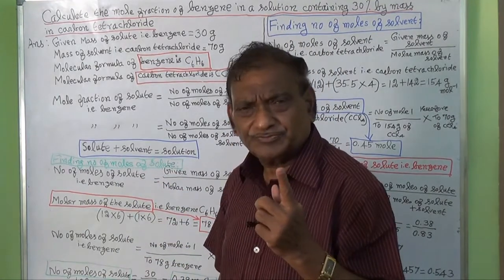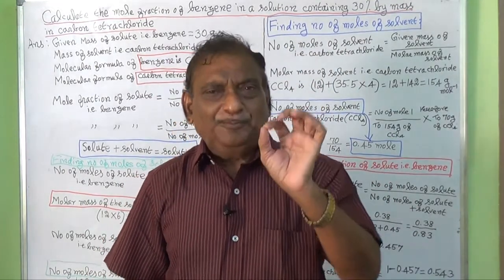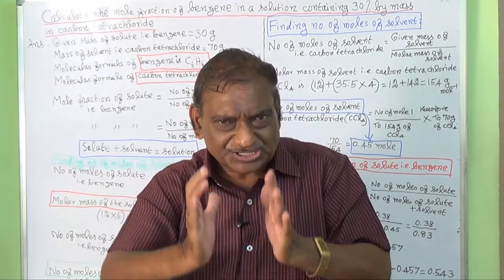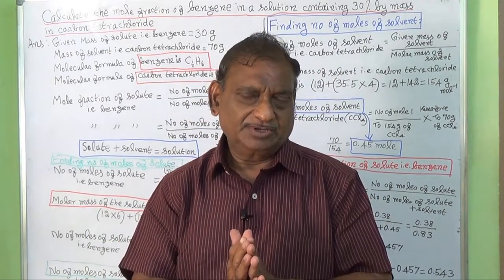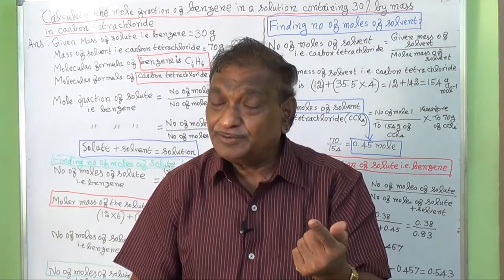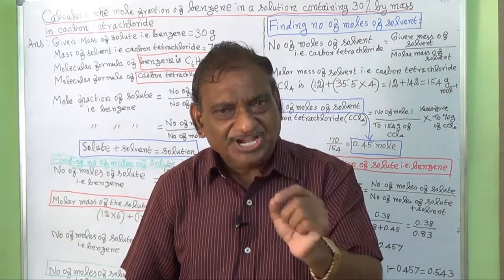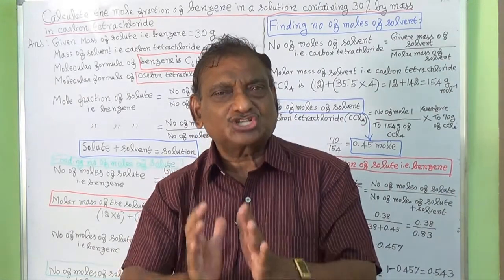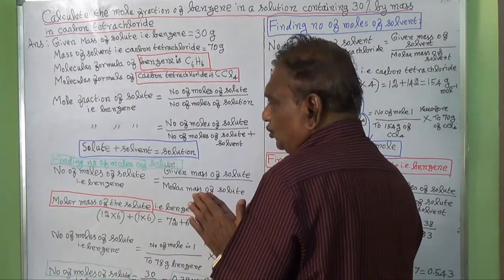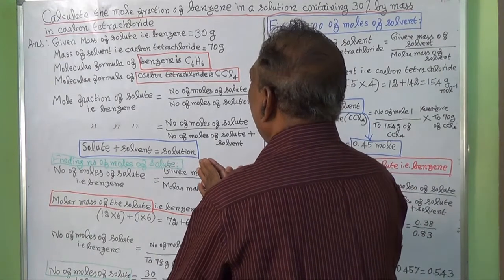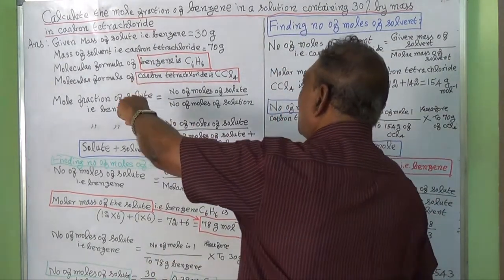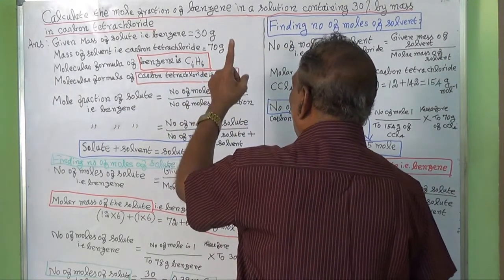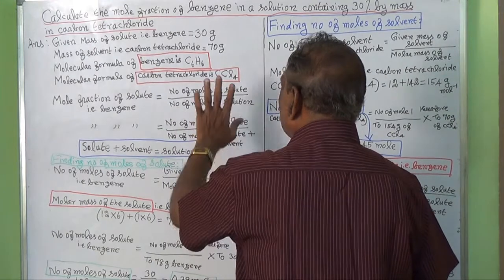What is solute? The substance present in a solution in lesser proportions by mass is called solute. Then what is solvent? The substance present in a solution in larger proportions by mass is called solvent. Why should we find the number of moles of the solute? In order to find the mole fraction of solute, we need the number of moles of solute and the number of moles of the solvent.